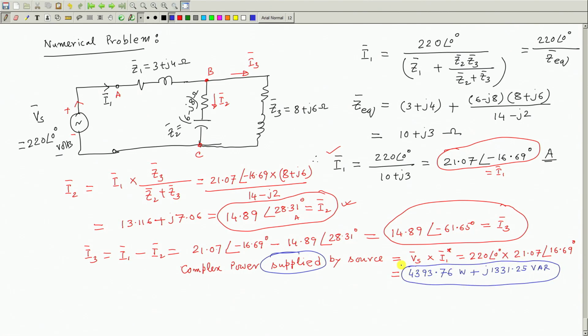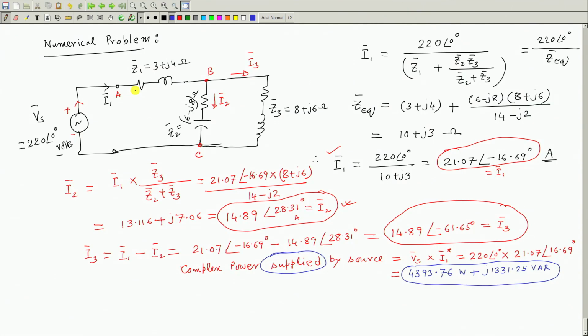Then what I will do is I will calculate the power absorbed by Z 1, the power absorbed by Z 2 and the power absorbed by Z 3.